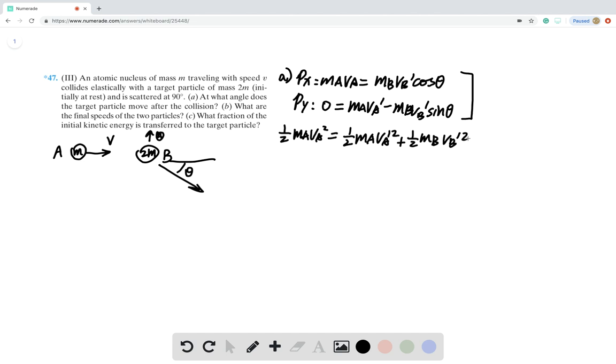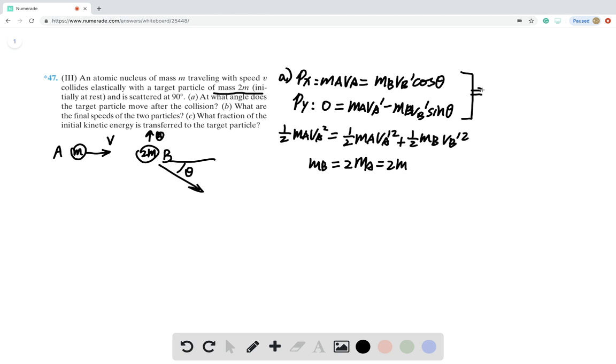So now we want to utilize this relationship. We're given that the mass MB equals 2 times MA. So if we use MA equals M and MB equals 2M, we can simplify these equations.